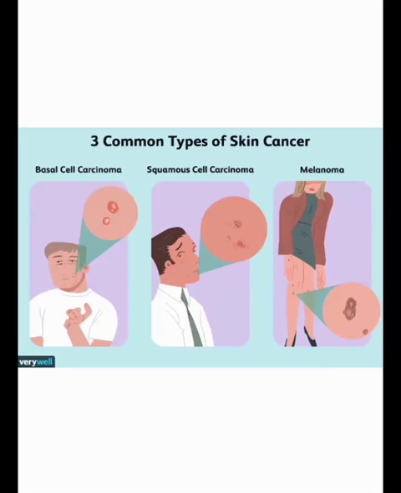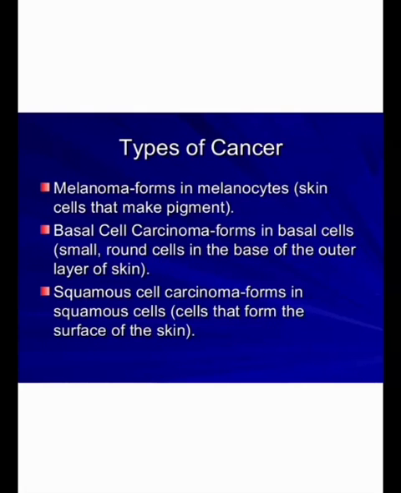We can see the types of skin cancer. There are 3 types: first basal cell carcinoma, second squamous cell carcinoma, and last melanoma. Melanoma forms from melanocytes, skin cells that make the pigment.